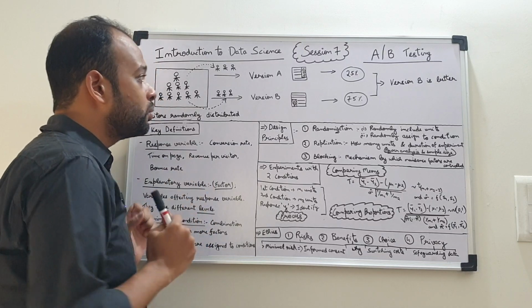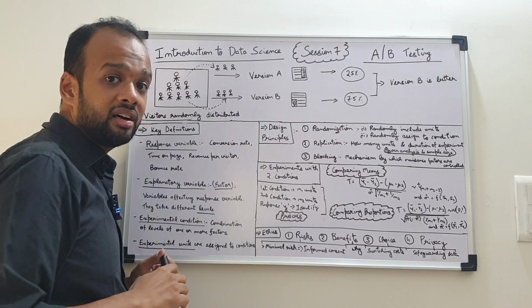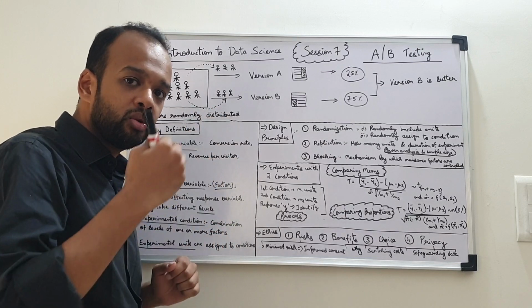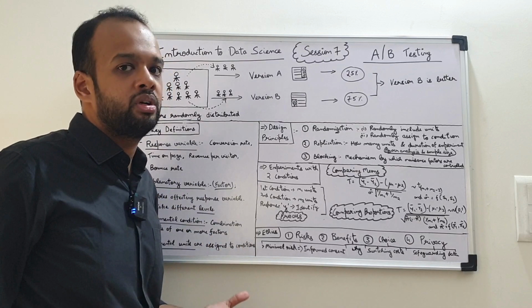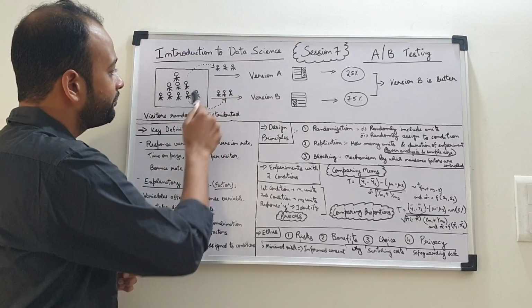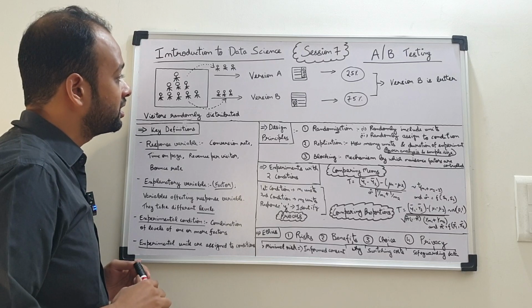But for doing so we need to make sure that the customers coming in are equally distributed in the two groups, so there's no difference between how they are distributed in their age, gender, preferences, and so on. They have to be randomly distributed, and we take two subsets from that population of incoming customers.